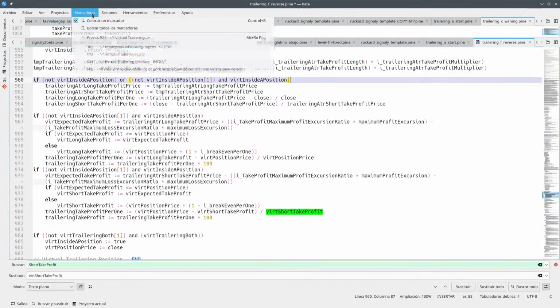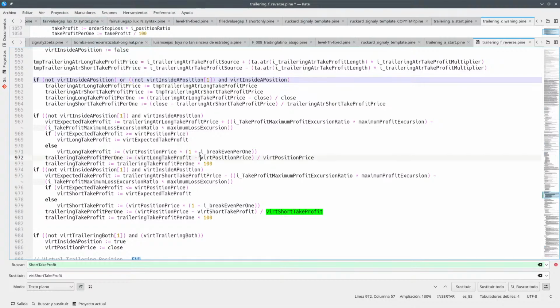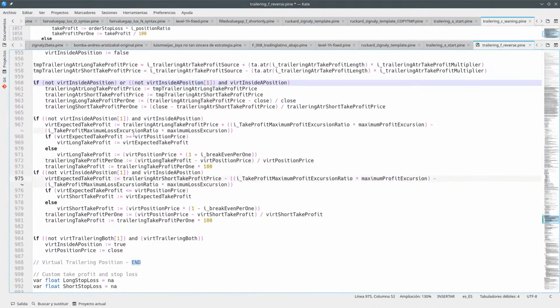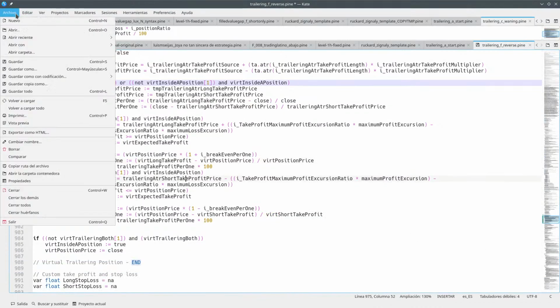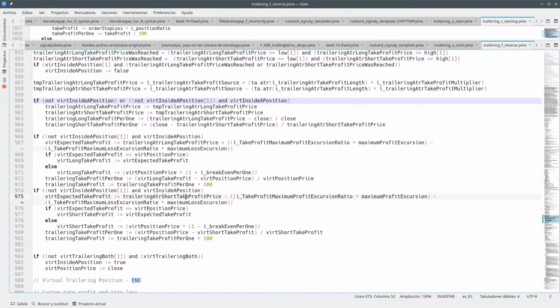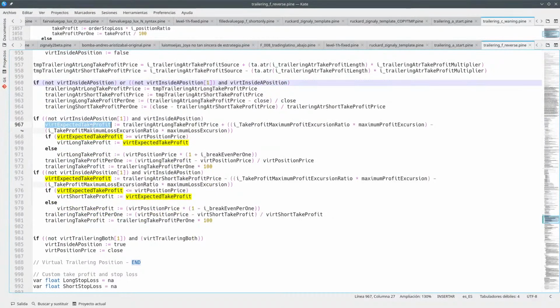Wait. Understand why it was bookmarked here. Okay, so yeah. Let's take a look at all of this. So you have the bear expect profit, which is a temporary variable that we use here in order to go long or short.